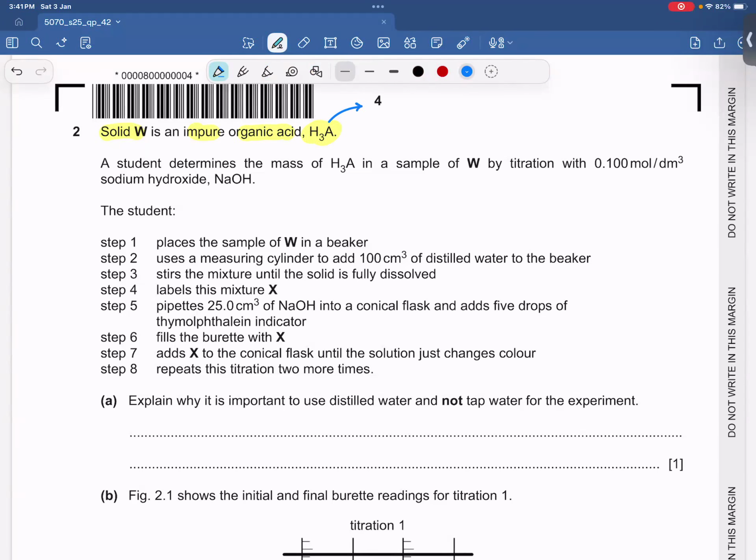So first of all, its formula is H3A. That indicates it's a tribasic acid, which means it donates 3 hydrogen ions in aqueous medium. And all tribasic acids are represented by either H3X or H3A. That's what we have done in theory classes, right? And the examiner is, surprisingly, using H3A.